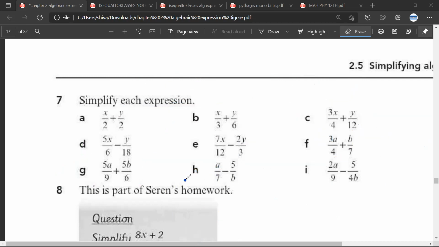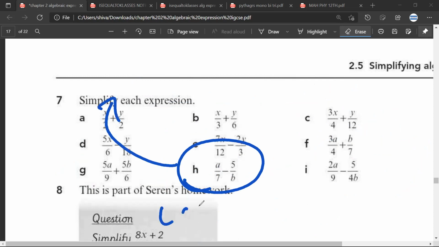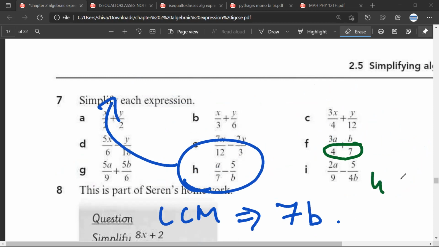Yes, sir. Mr. Satya, H part. So we have to find the LCM. Sir, how do we find the LCM with this? How did you find the LCM of this? So I made the prime factorization, and then I found it.